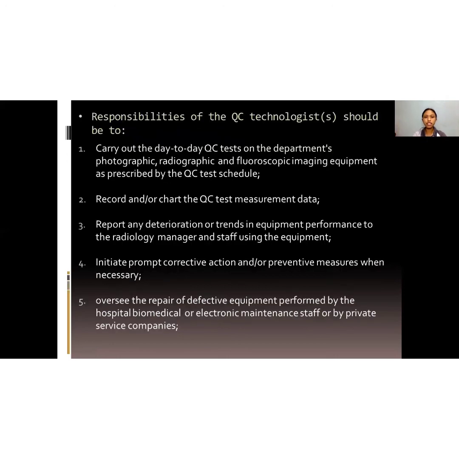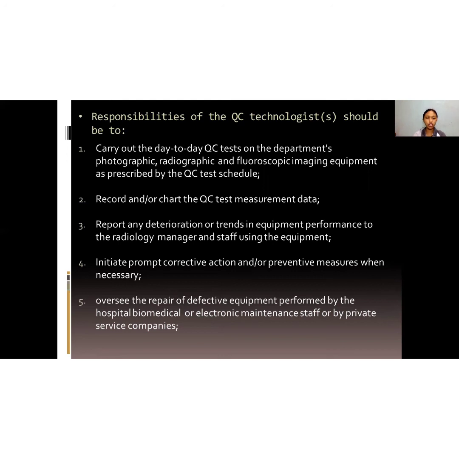So these are the responsibilities of the quality control technologist. So first, the technologist should carry out the day-to-day quality control test of the department's photographic, radiographic, and fluoroscopic imaging equipment and prescribe the quality control test schedule.